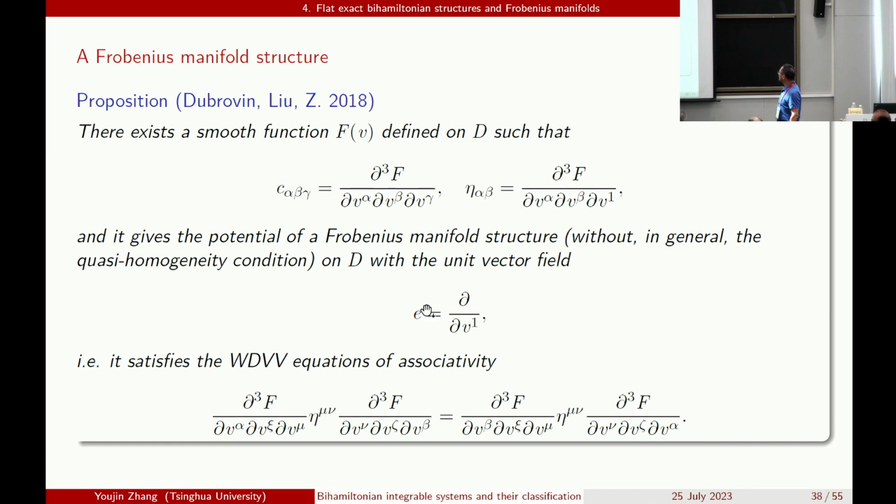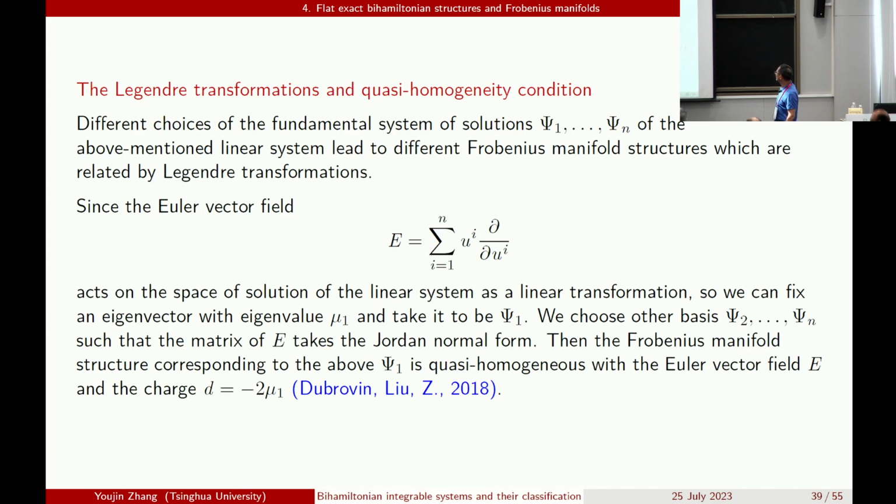So starting from any non-semisimple but flat exact bihamiltonian structure of hydrodynamic type, we can construct Frobenius manifold structures. But this construction depends on the choice of the solutions psi_1 to psi_n of the linear system. You can choose other fundamental systems of solutions, and then you obtain different Frobenius manifold structures.